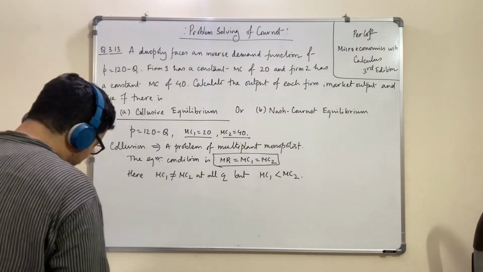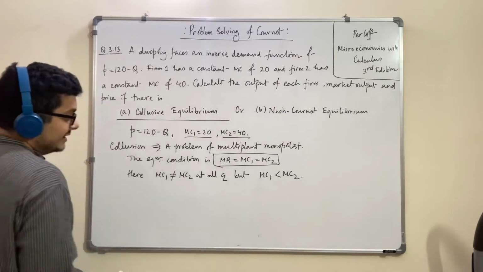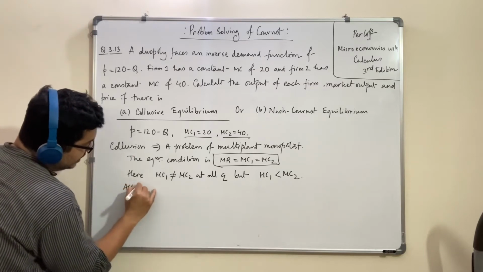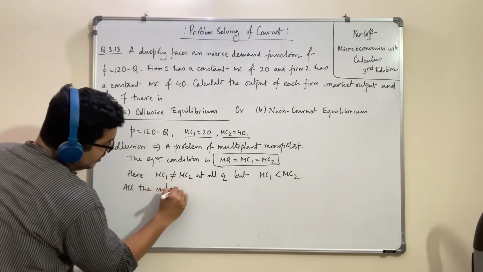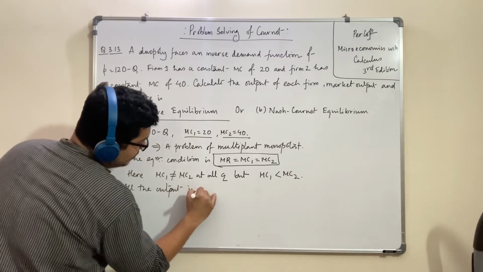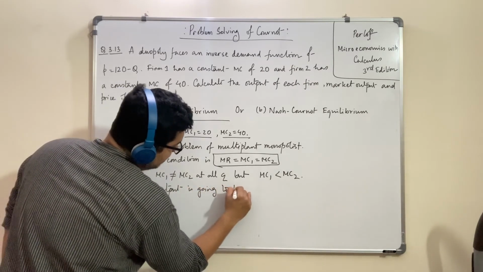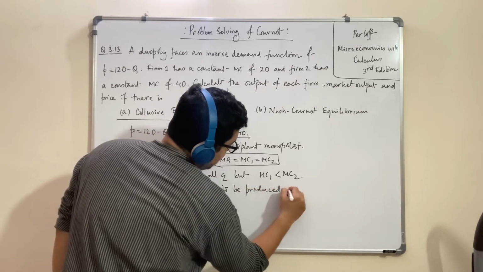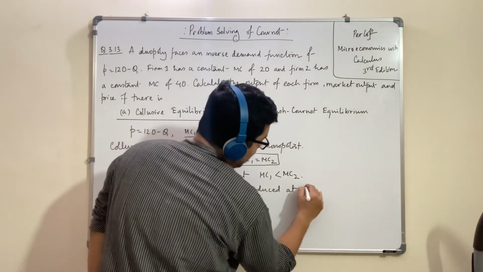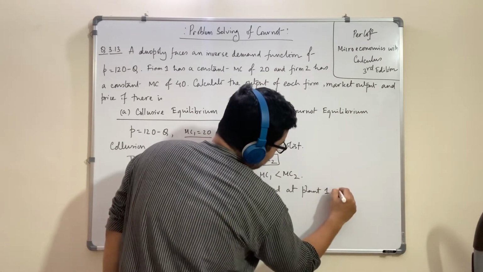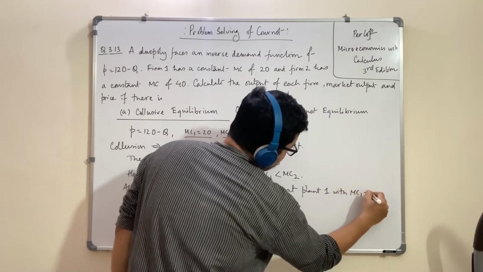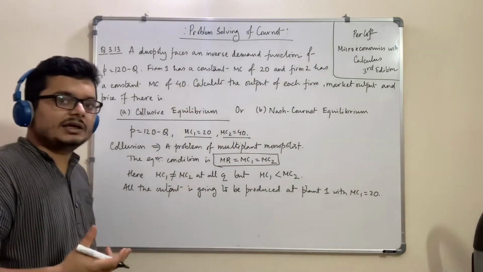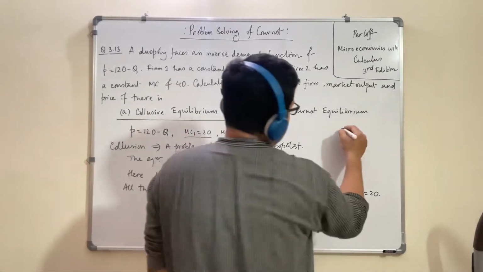Again, another catch. The catch is that this situation that we just derived, that all the output is going to be produced at plant 1 with MC1 equal to 20, can be changed by something called capacity constraint.